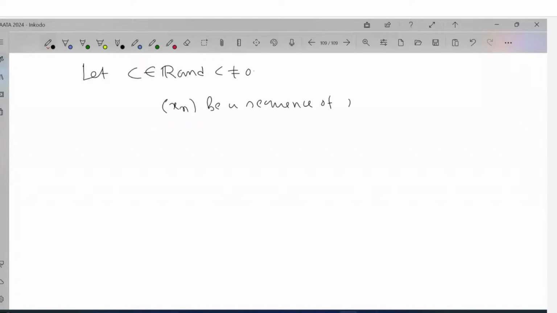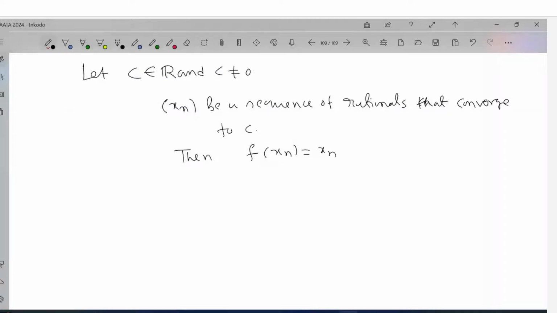of rationals that converge to c, then f of x_n will be x_n.